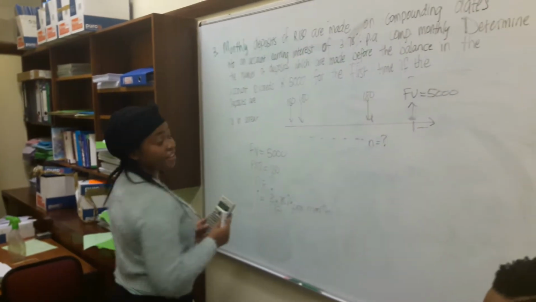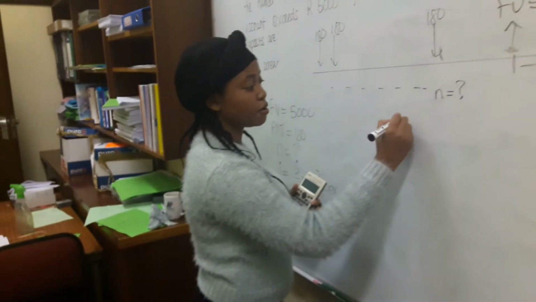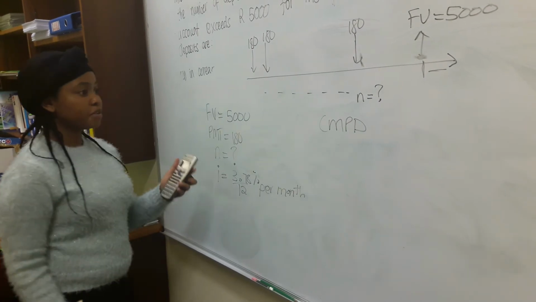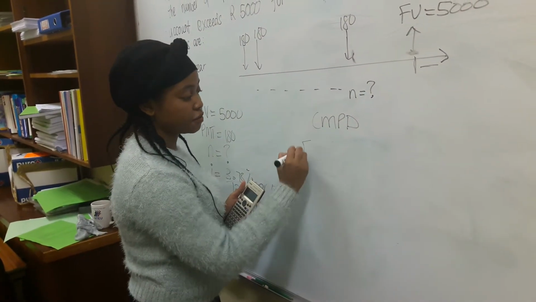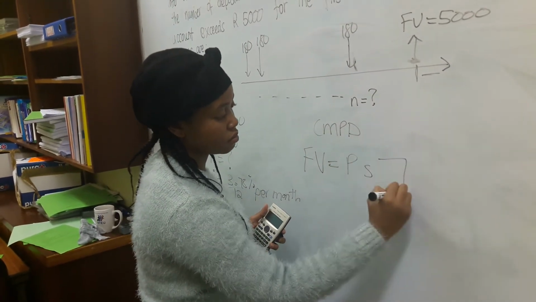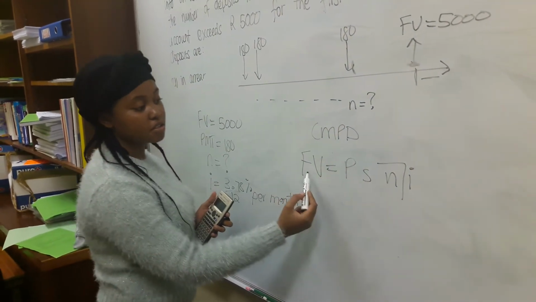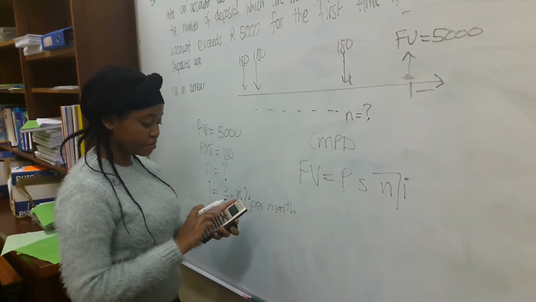Then we're gonna use our calculator. First we go to compound, and because it's in arrears, we're gonna use this formula of FV. For the formula, we know this, this, and this, and we're trying to find n.